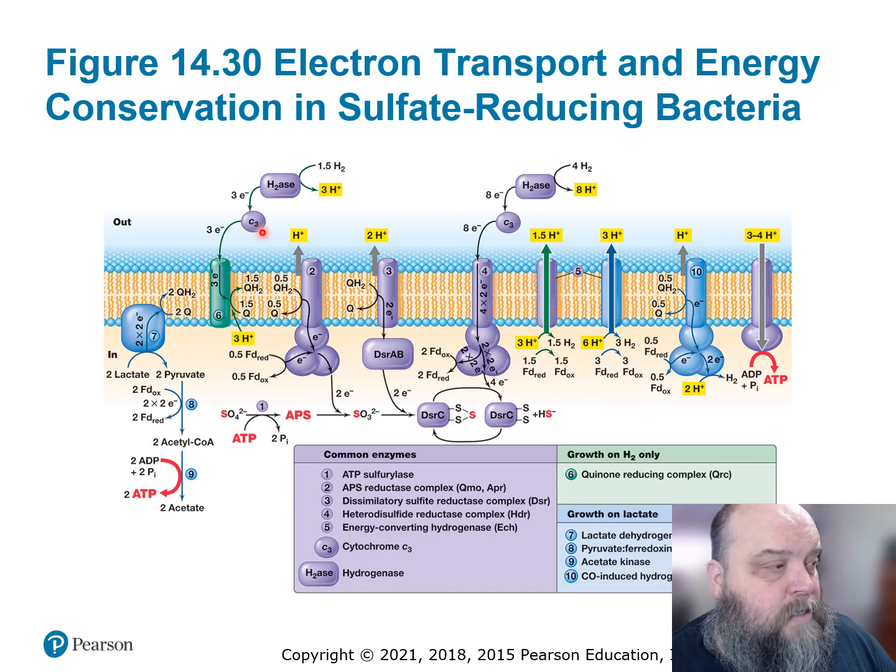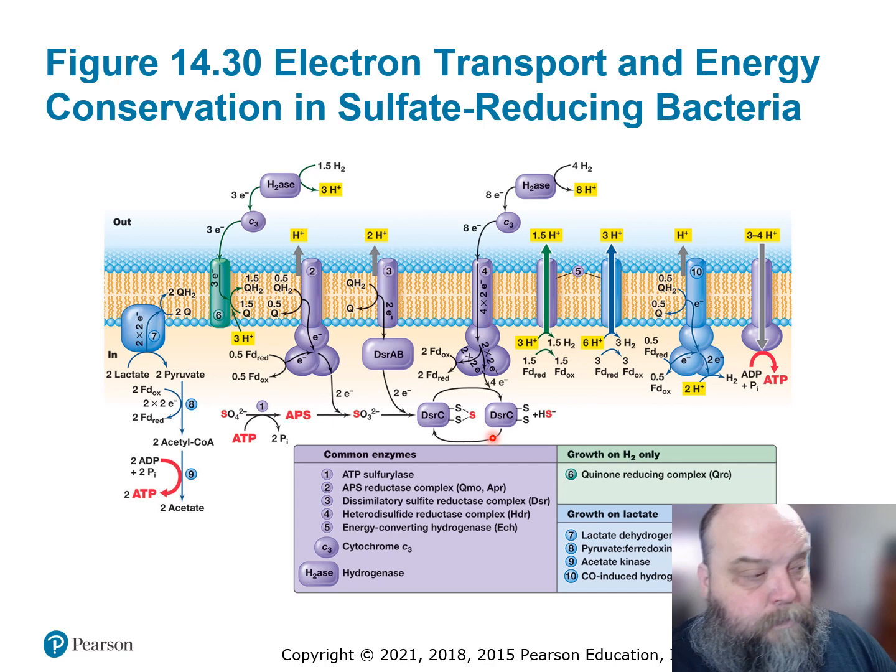H2ase passes on electrons to C3 here, which is going to go to a bridged cytochrome complex. Boom, boom, electrons pass through here, all these proteins, pumping hydrogens. The electrons that are taken from a ferredoxin, reduced, oxidized, are fed here so that sulfate is turned to APS, sulfite, boom.